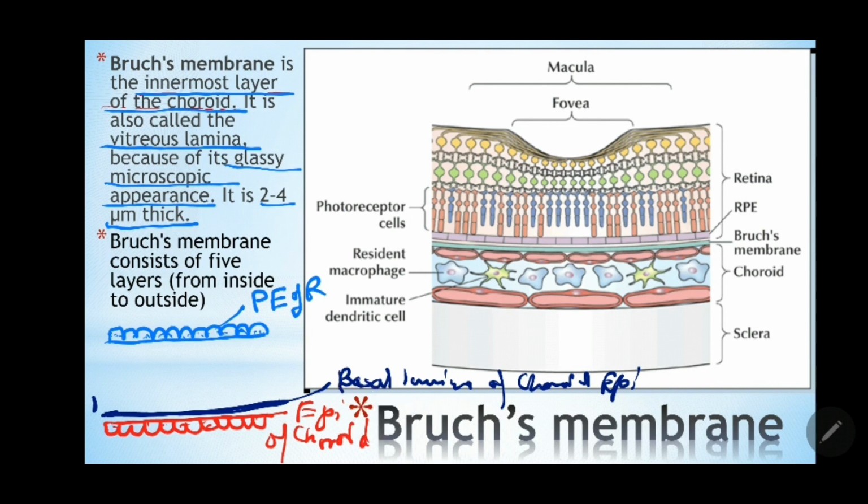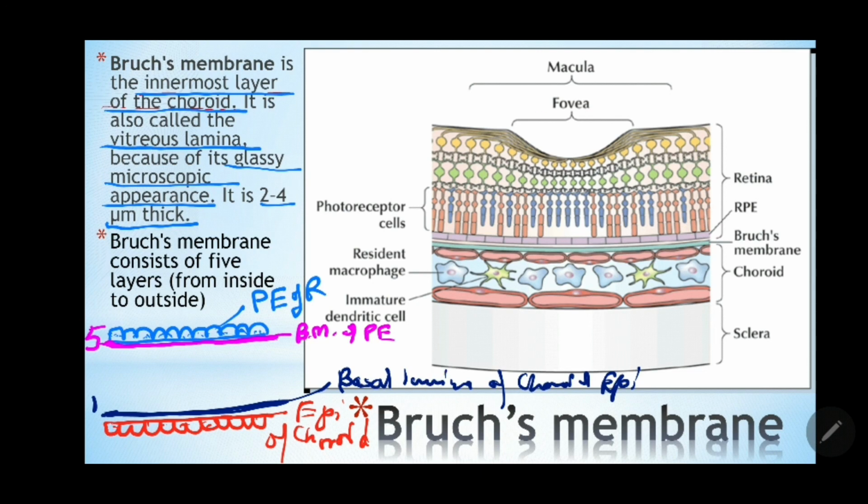The next, similarly, you will have a basement membrane for the pigment epithelium also, and this will be the 5th layer, because the numbering starts from outside to inside, right? This is the basement membrane of the pigment epithelium.